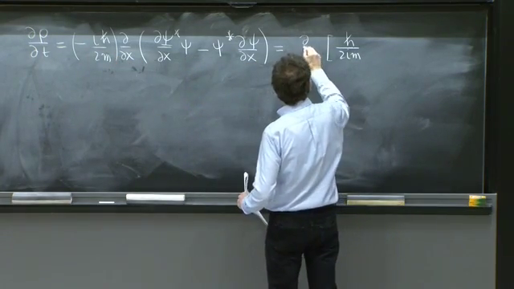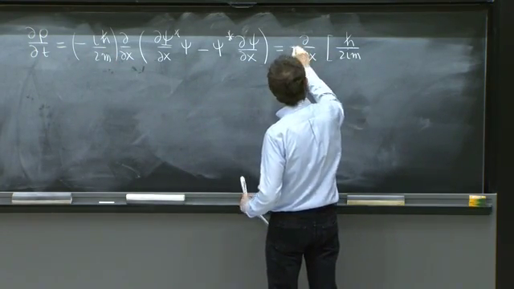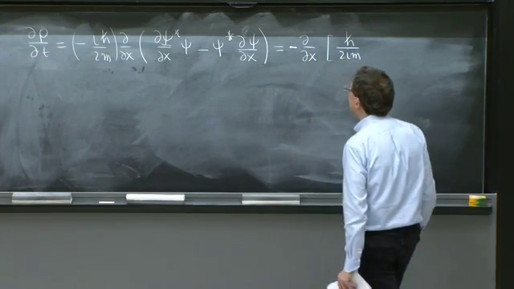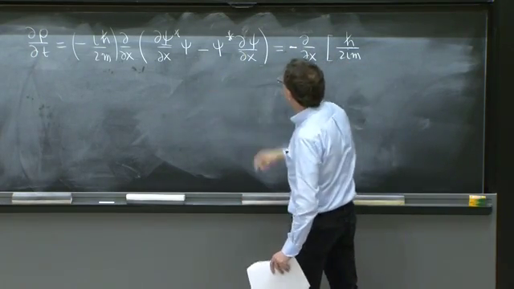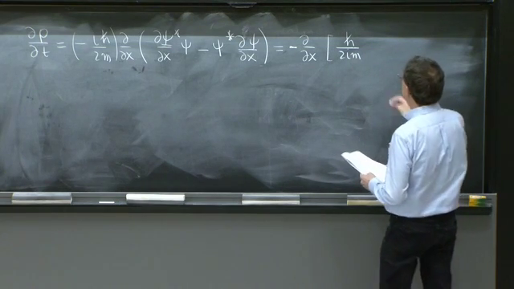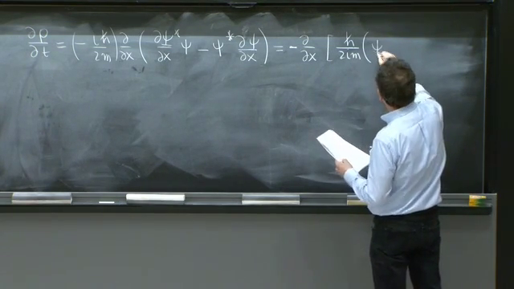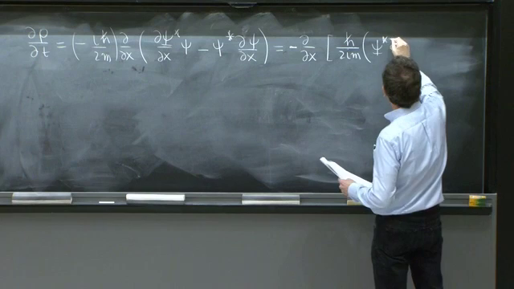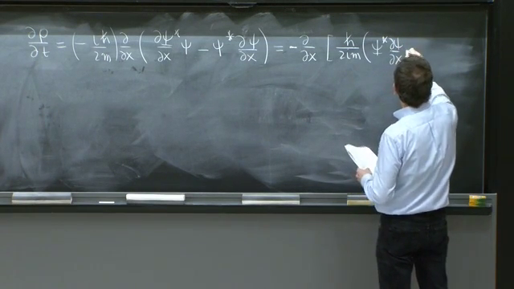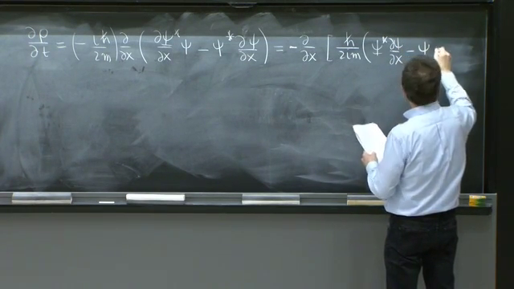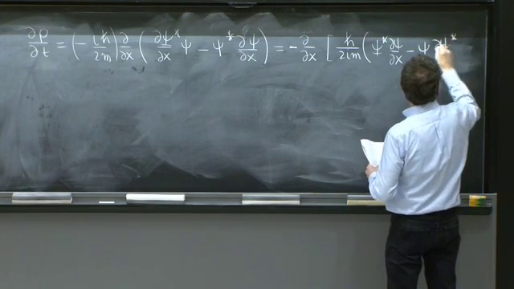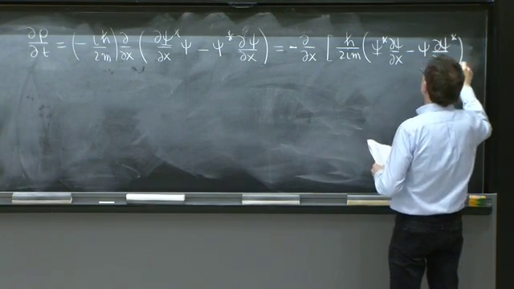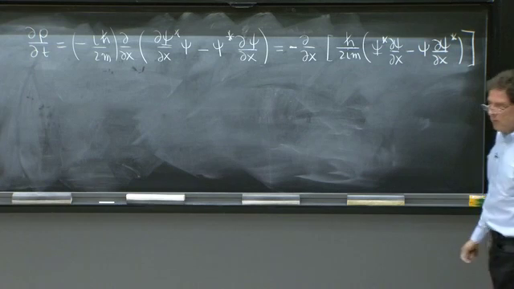I'll put the d dx outside. I'll put an extra minus sign, so I will flip the order of these two terms: psi star d psi dx minus psi d psi star dx. Okay.